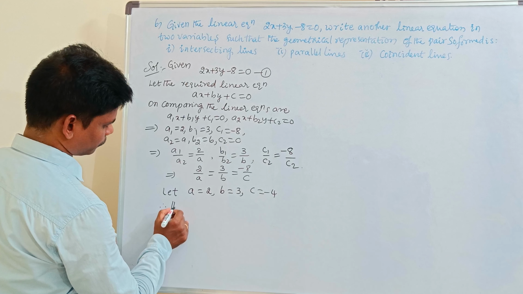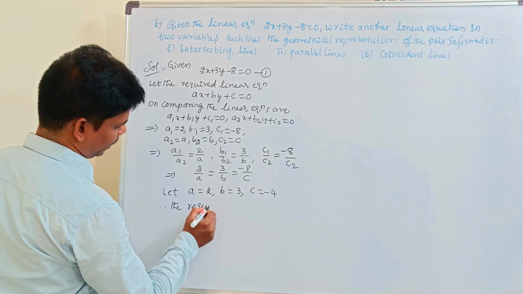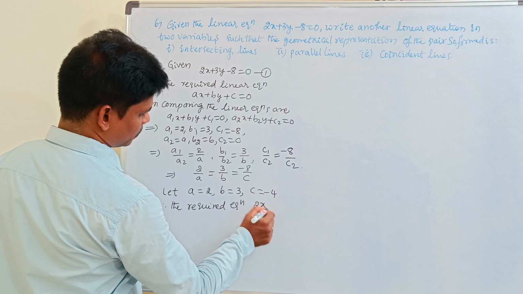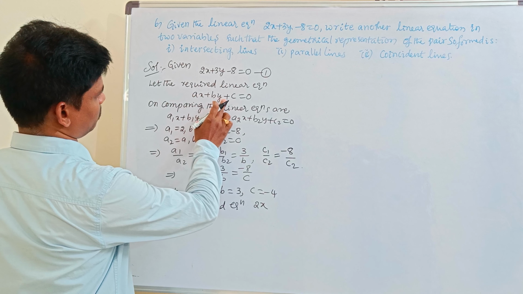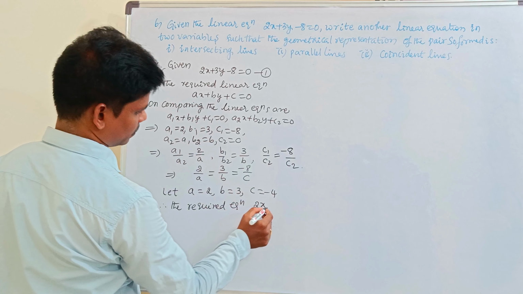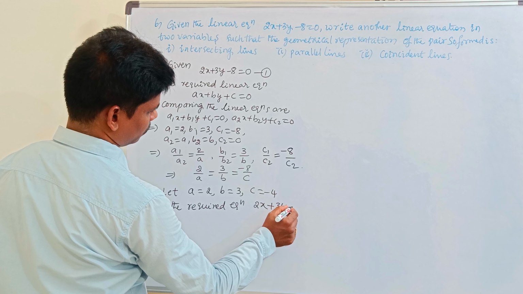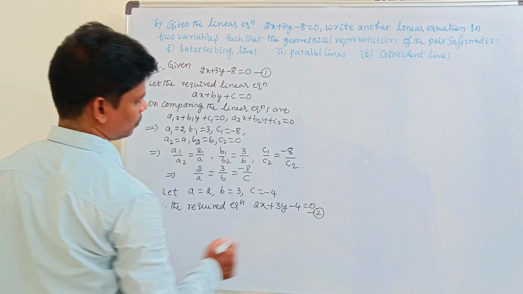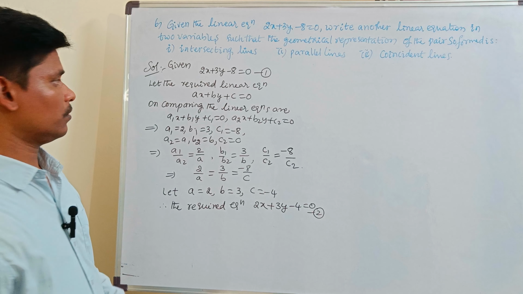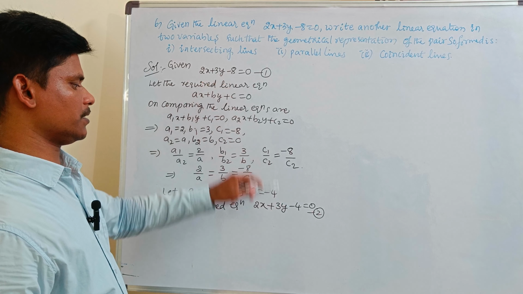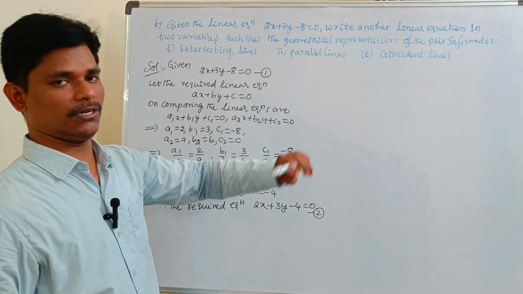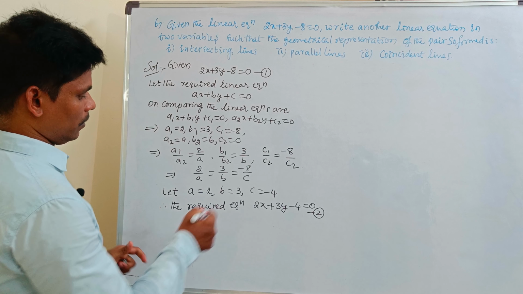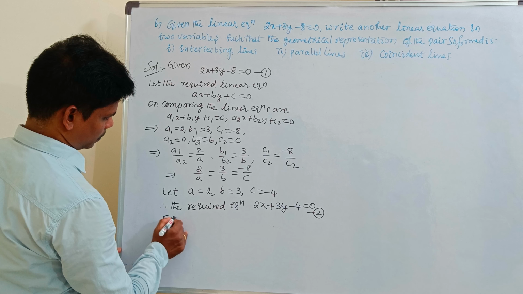Therefore the required equation, ax plus by plus c, is 2x plus 3y minus 4 is equal to 0. This is equation 2. By using these two linear equations, the graphical representation of the pair of linear equations are parallel lines.